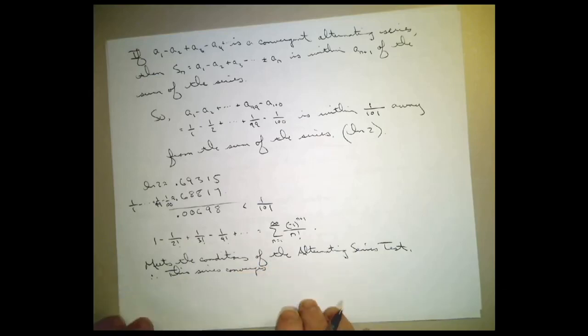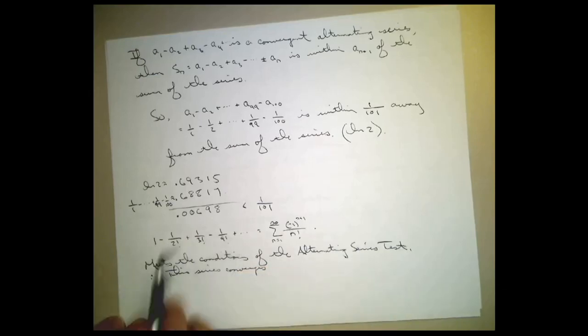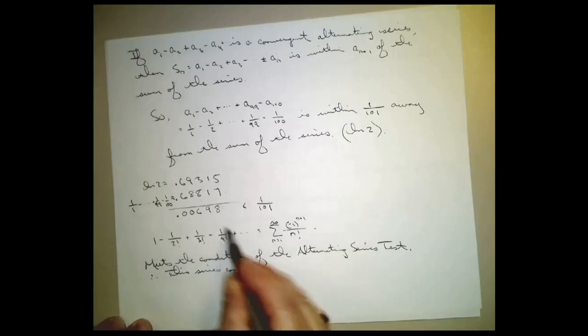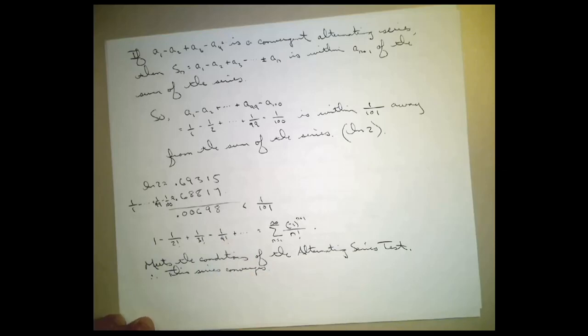Right. Moreover, we could estimate to what value this converges. Factorials get large rather quickly, and so these reciprocals of factorials are getting small very quickly.